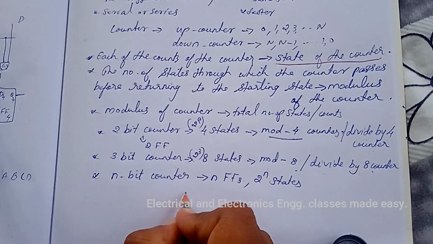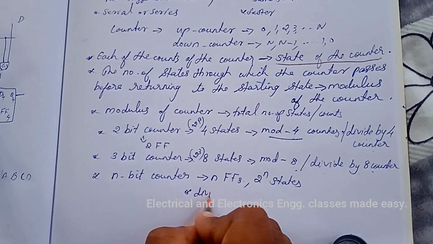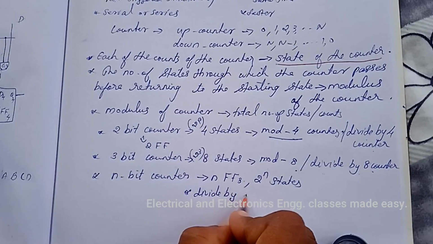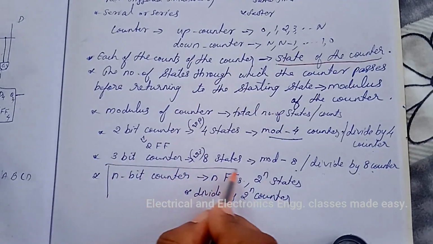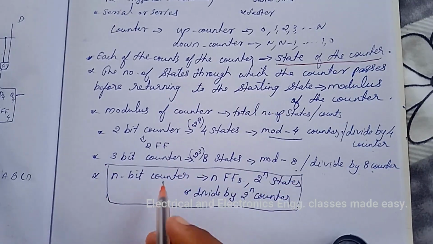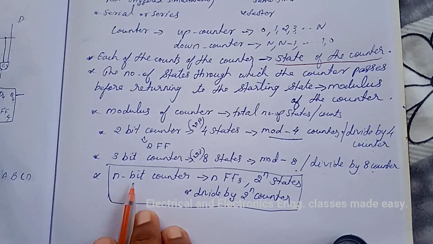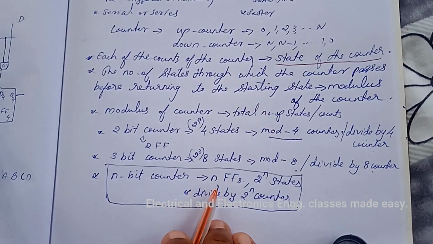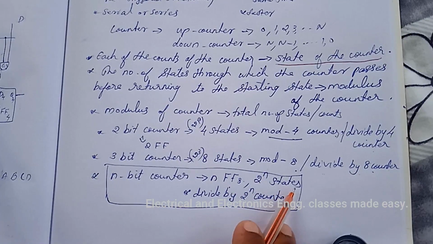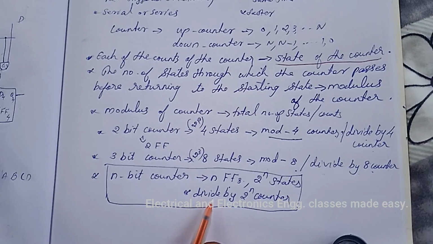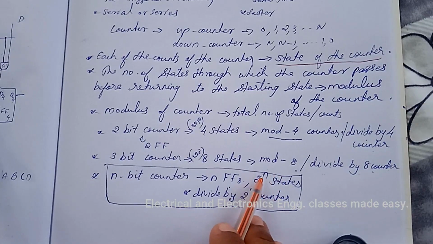Hence, it is called a divide by 2 raised to n counter. So, this is the general case for a counter. That is, an n-bit counter will have n flip-flops and 2 raised to n states. Hence, we can call it a divide by 2 raised to n counter, and mod 2 raised to n.